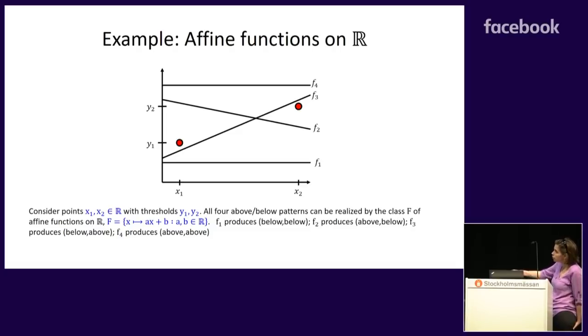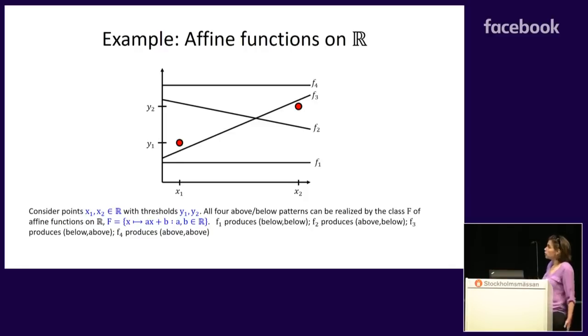Why? Because there are these thresholds y1 and y2, and there exist these 4 functions, f1, f2, f3, f4, that achieve all the above and below patterns. So for example, the function here, f1, achieves the below pattern, because f1 of x1 is strictly smaller than y1, and f1 of x2 is strictly smaller than y2.